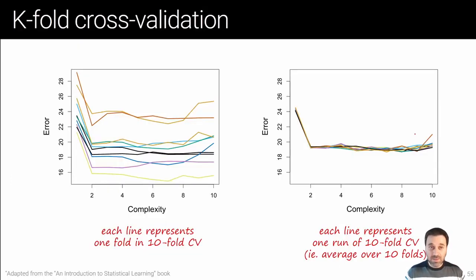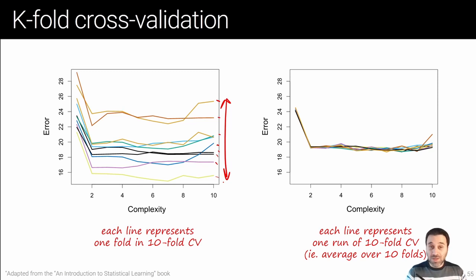What do we achieve with this? Well, we reduce variation. So again, here on the left, we have the error of a model by its complexity. Each of those lines represents one fold in a 10-fold cross-validation process. So each of these represents the accuracy of the model given one partition. And what we see is that there is a very high variability.